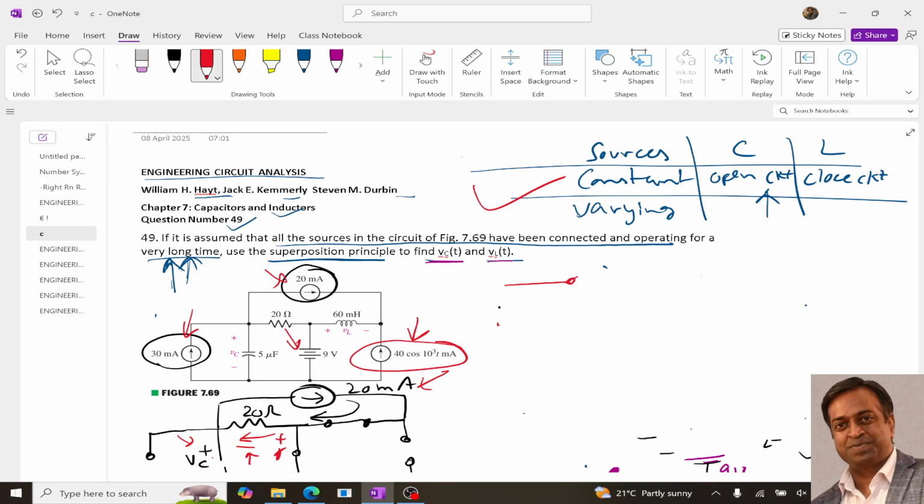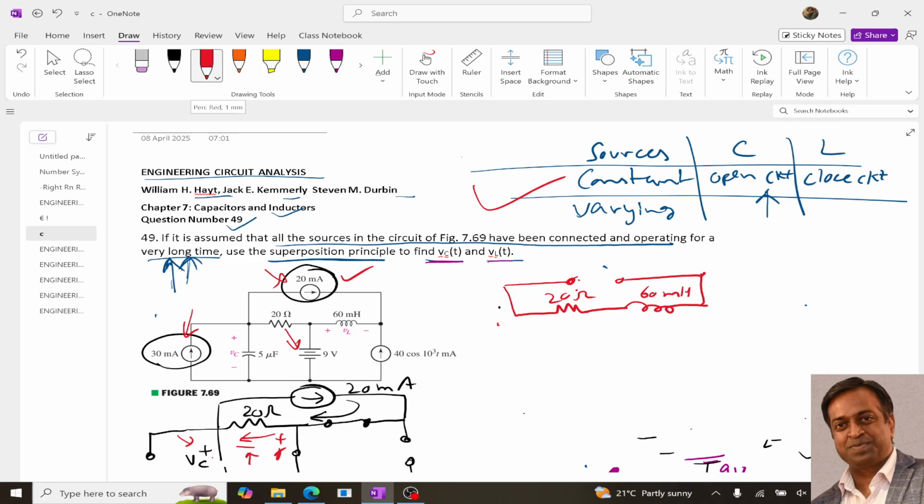This current source will be open, then we have this 20 ohm, this 60 mH, right?